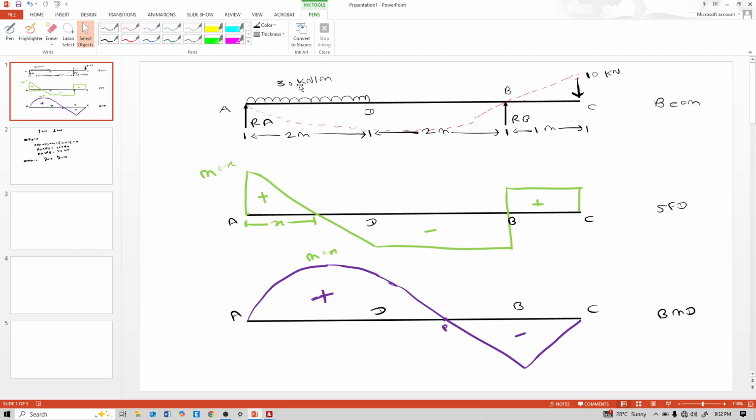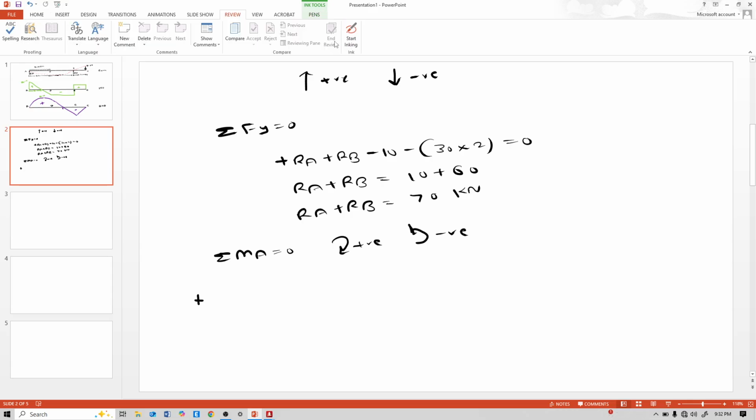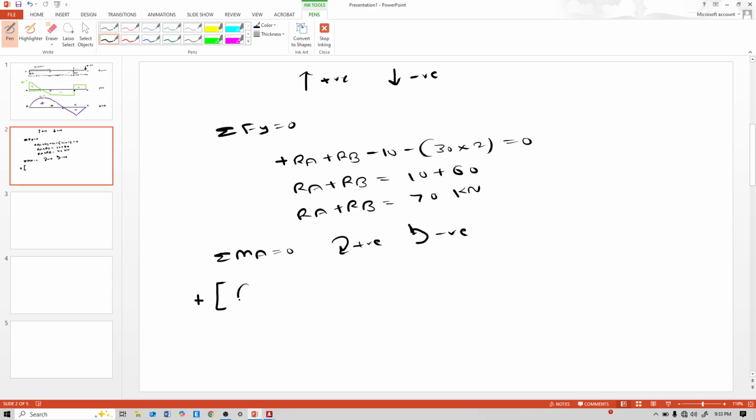So this is 30 into 2 into 2 by 2, positive, because this is clockwise to point A. The uniformly distributed load is 30 kilonewton per meter acting over 2 meters, and 2 by 2 is the perpendicular distance between point A and the middle of that uniformly distributed load.